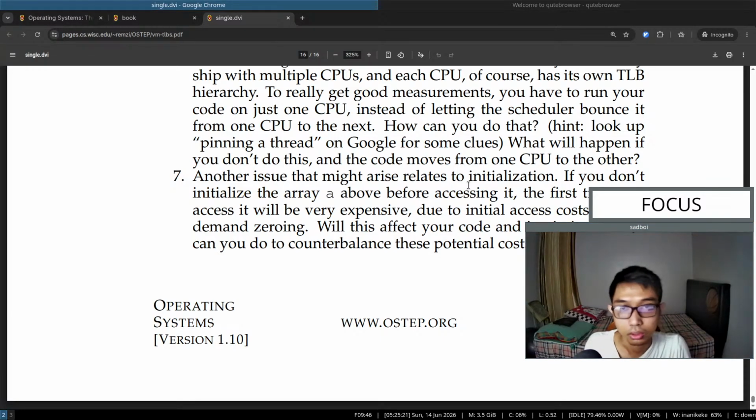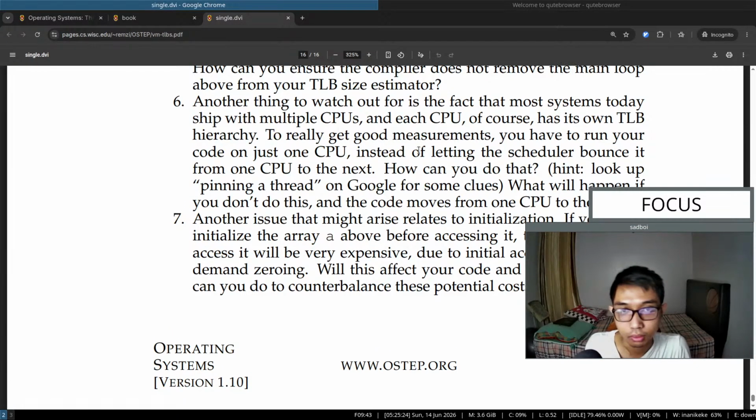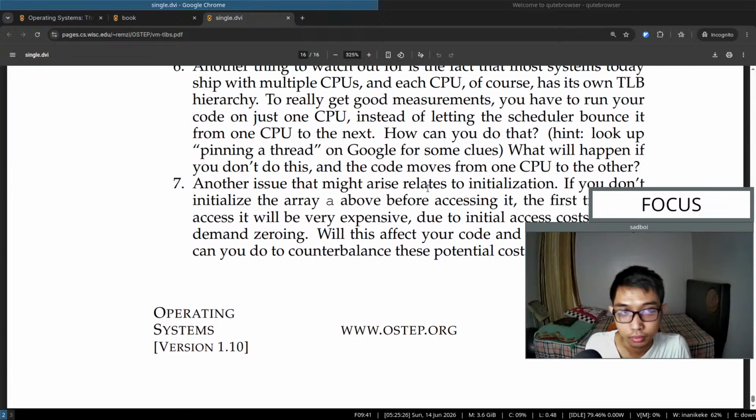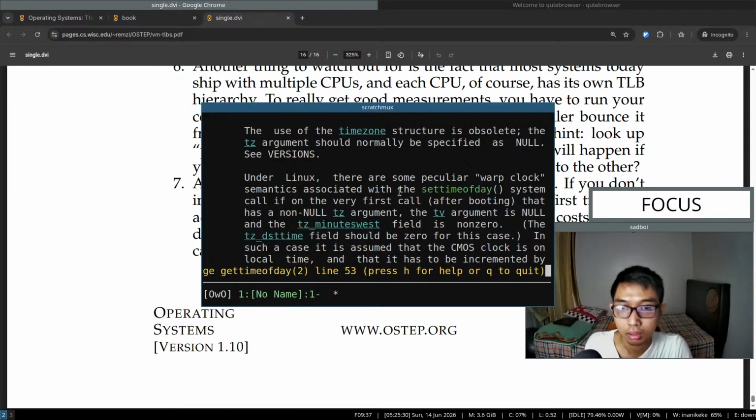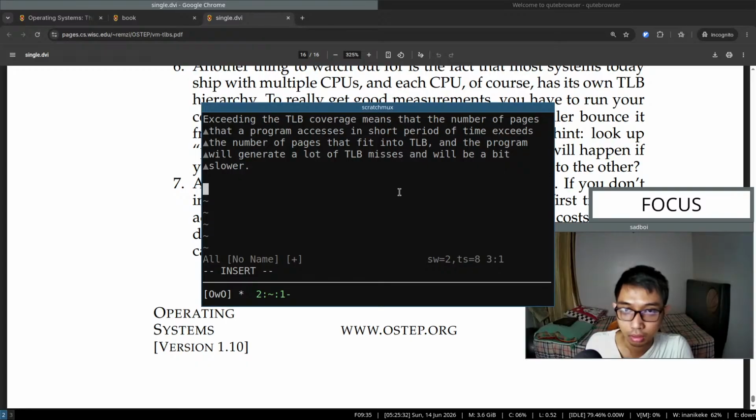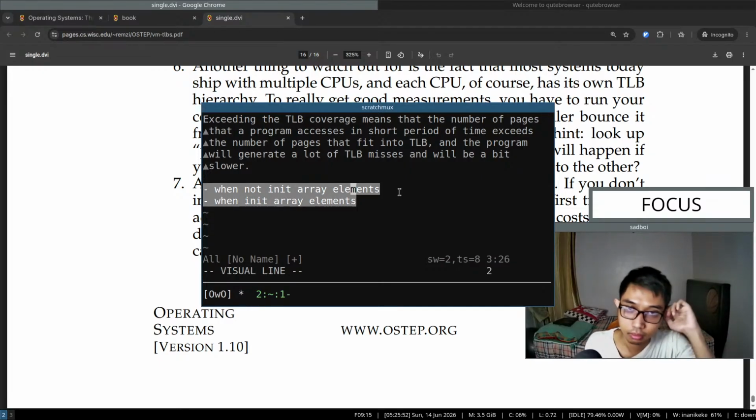Okay, so I assume we have two scenarios here: when not initialized array elements, and when initialized array elements, maybe something like that.